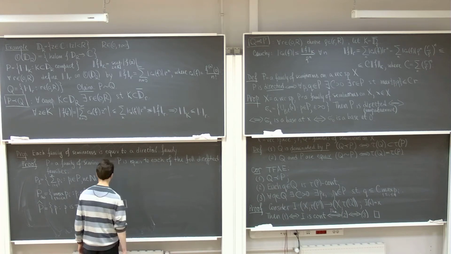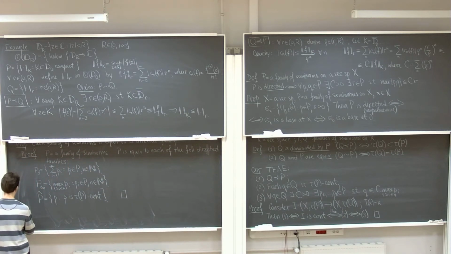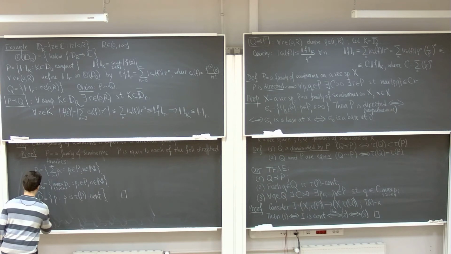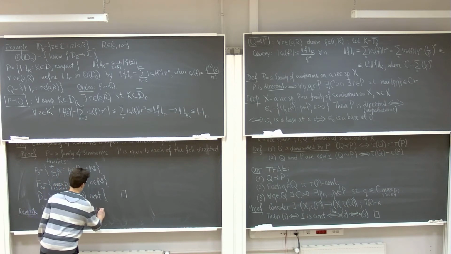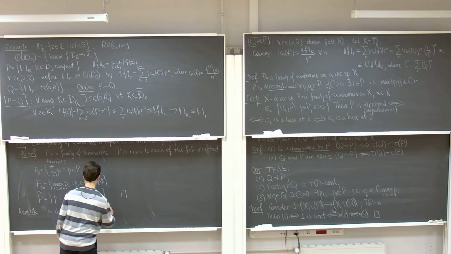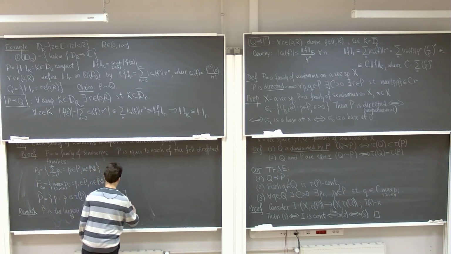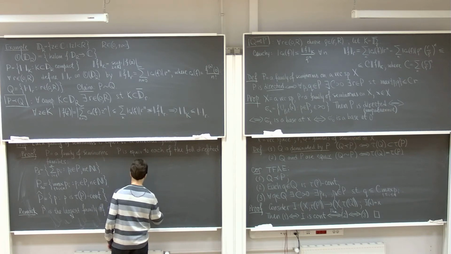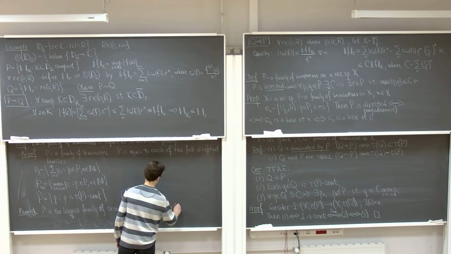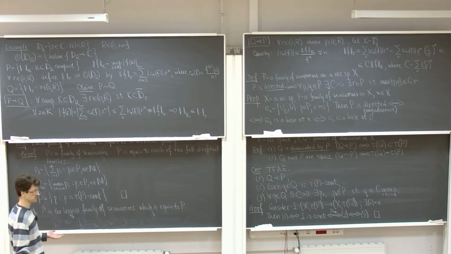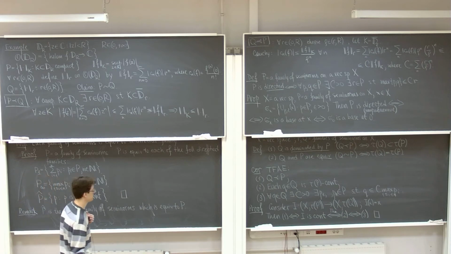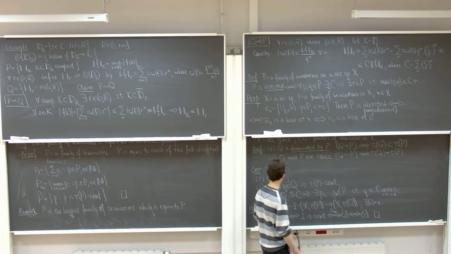Okay. By the way, let's observe, this is a short remark, that the last family from this proof, namely P hat, is the largest family of seminorms which is equivalent to P. For the simple reason that if we have an arbitrary family of seminorms which is equivalent to P, then of course each seminorm from this family is continuous with respect to tau of P. This follows from this criterion, from this corollary.